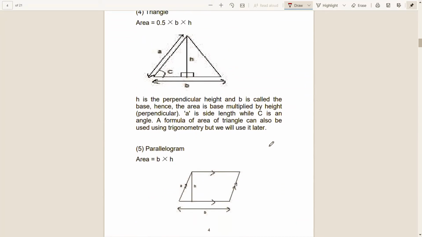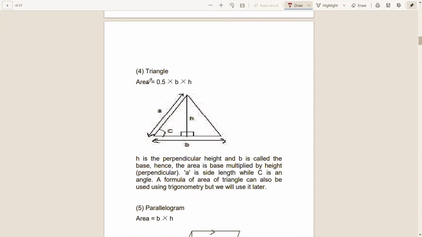Next is the triangle. The area of the triangle you're already familiar with: 1 over 2 into base into height. Remember, this height is also the perpendicular height, which forms the 90-degree angle with the base. This B is the base, and this H is the perpendicular height.